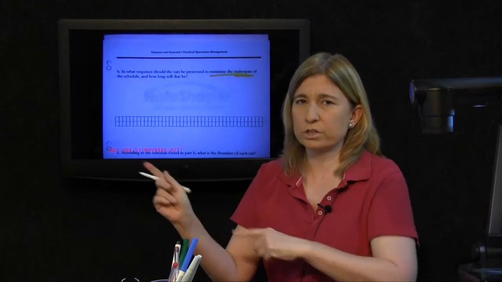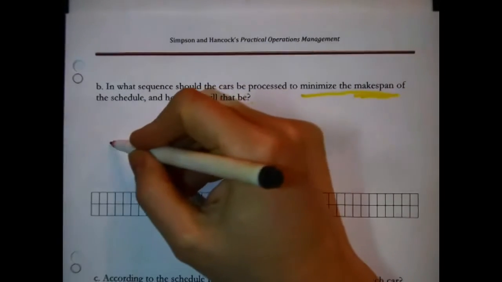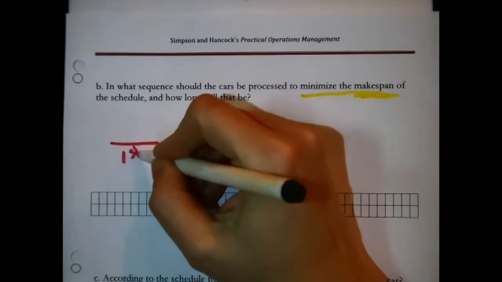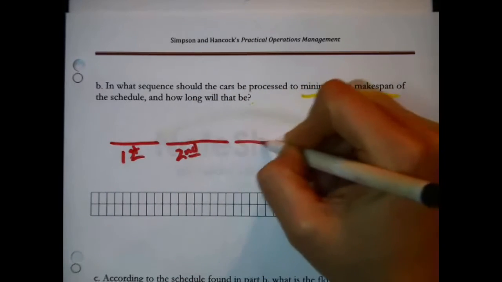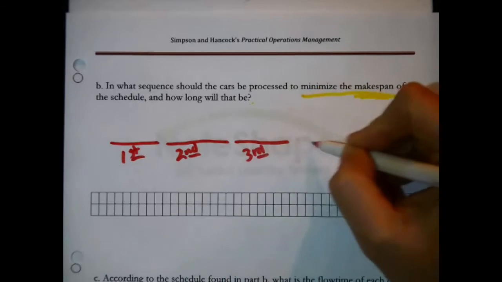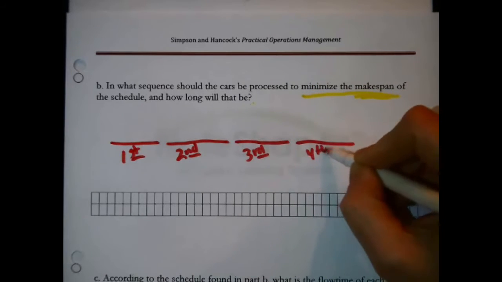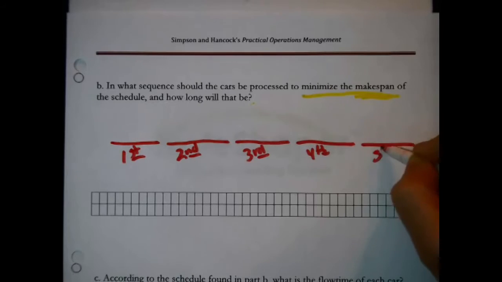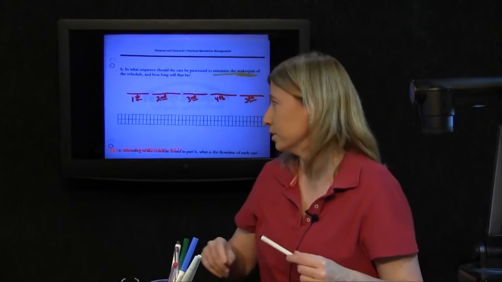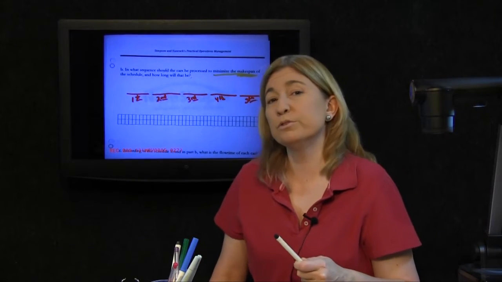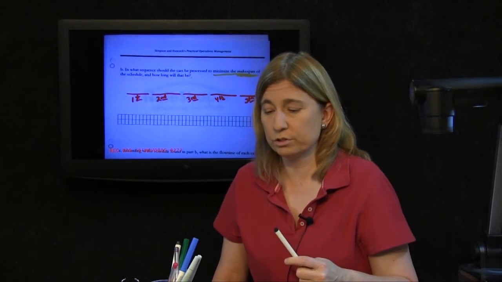Okay, now first, to employ Johnson's rule, what I recommend is first create a blank sequence. There are 5 cars, so I am drawing 5 spaces or 5 places. Because now I'm going to fill them in according to Johnson's rule.